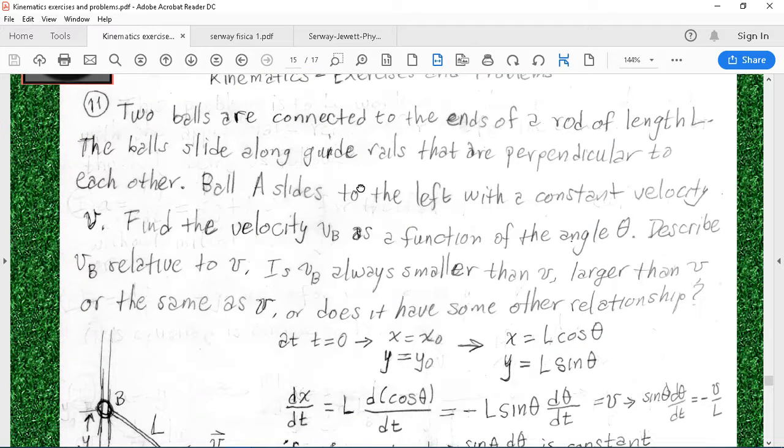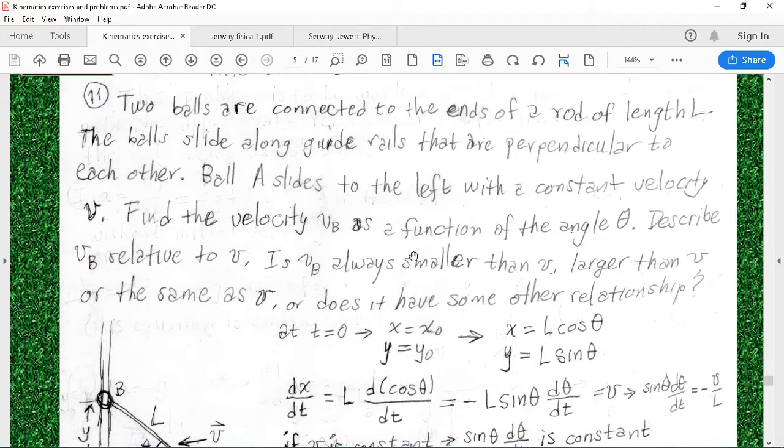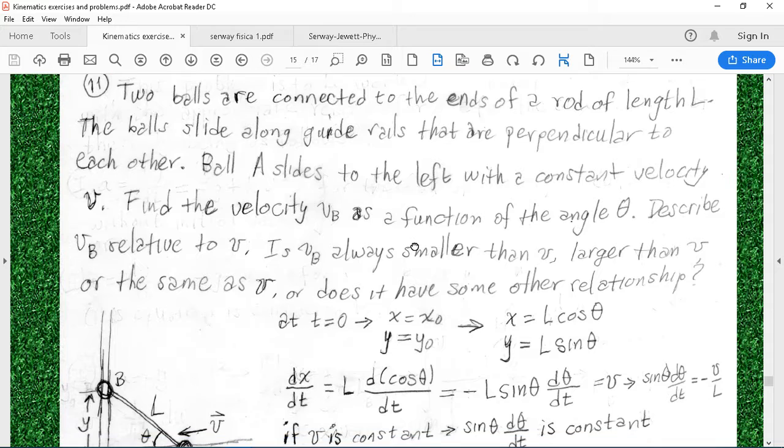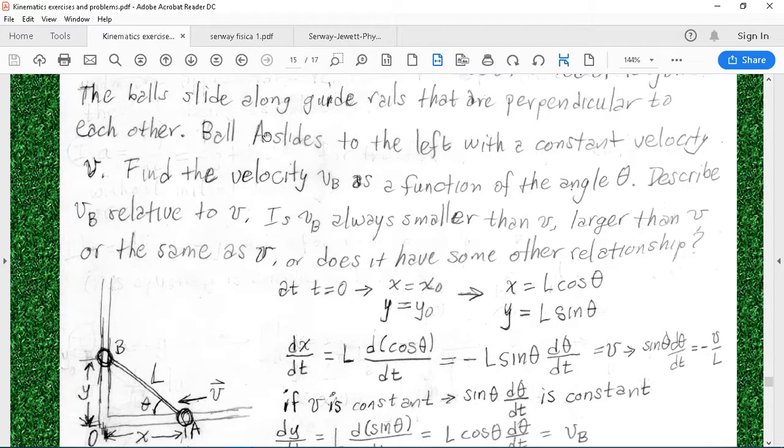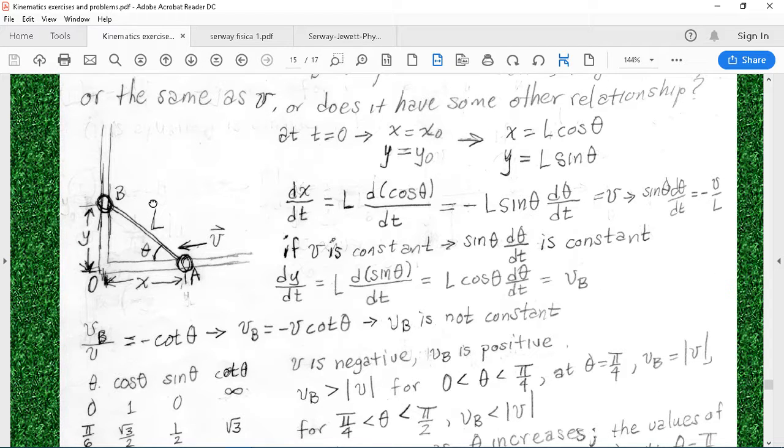In problem 11, we have two balls connected to the ends of a rod of length L. We have two balls, A and B, and this is the rod that connects them, of length L. The balls slide along guide rails that are perpendicular to each other. These are the guide rails.